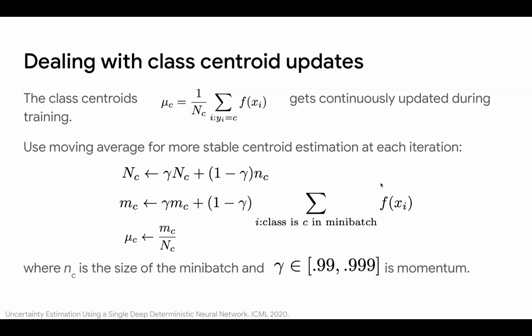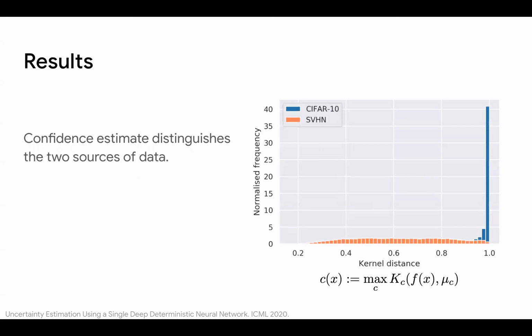No, actually you're taking the sum here, and then you're taking the moving average of the summation. And eventually for every iteration, you're dividing your MC by NC to get the average location of your centroid. And typically you give a gamma value between 99% and 99.9% to make it stable.